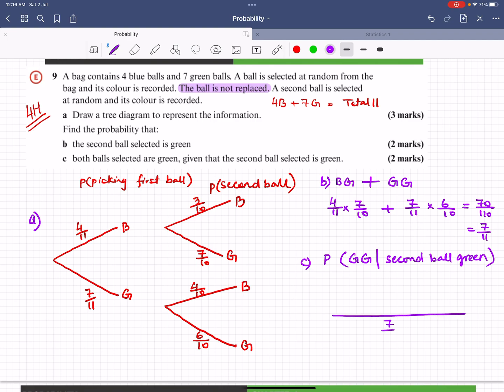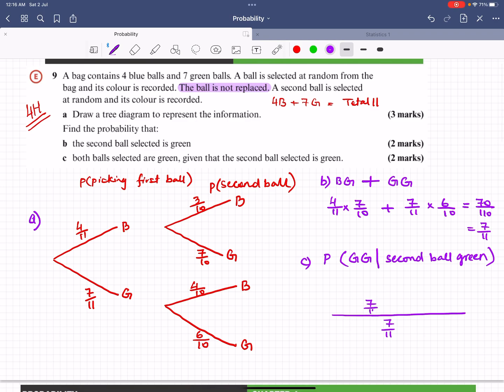7 by 11. And our numerator is the probability of selecting a green and a green ball. So green and green is 7 upon 11 into 6 upon 10. So we get in the numerator 42 over 110, and in the denominator 7 over 11.